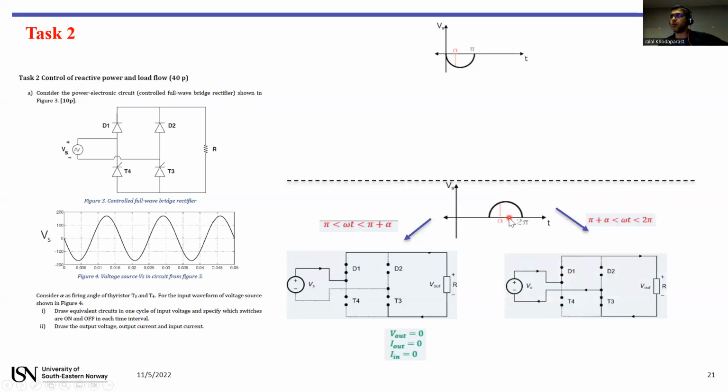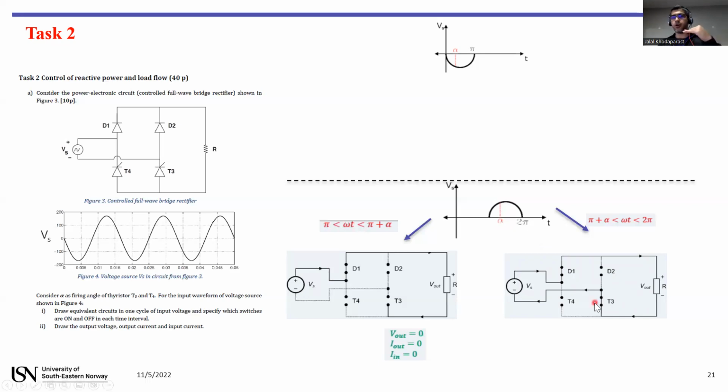However, for the other part, from alpha to 2 pi, since the input voltage is positive, this diode will be on. The thyristor will also be on because after alpha, it gets a triggering pulse from the gate.